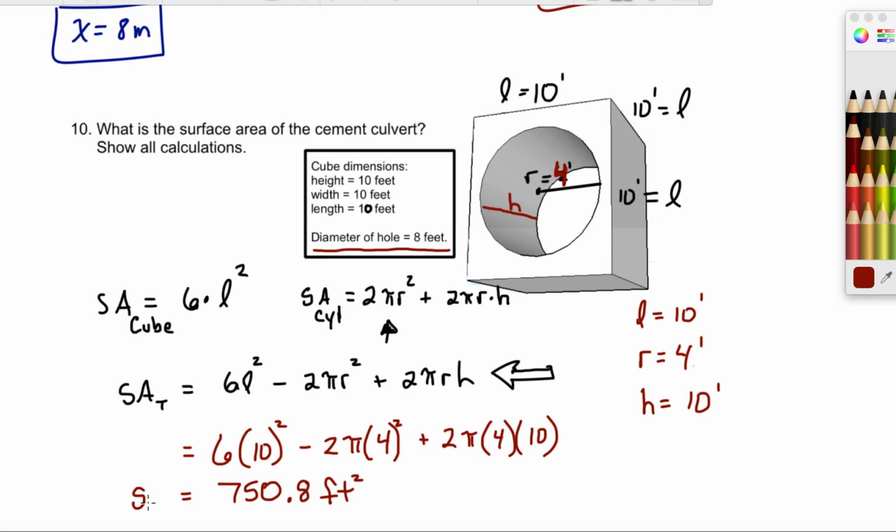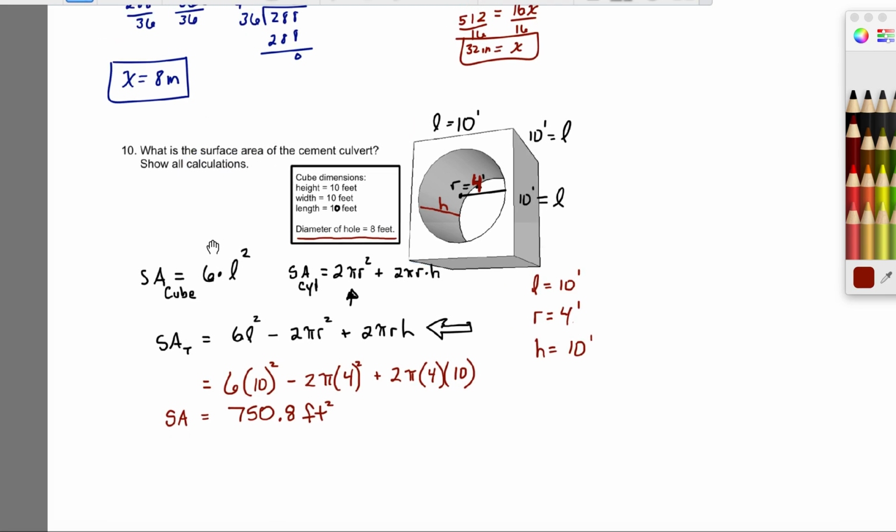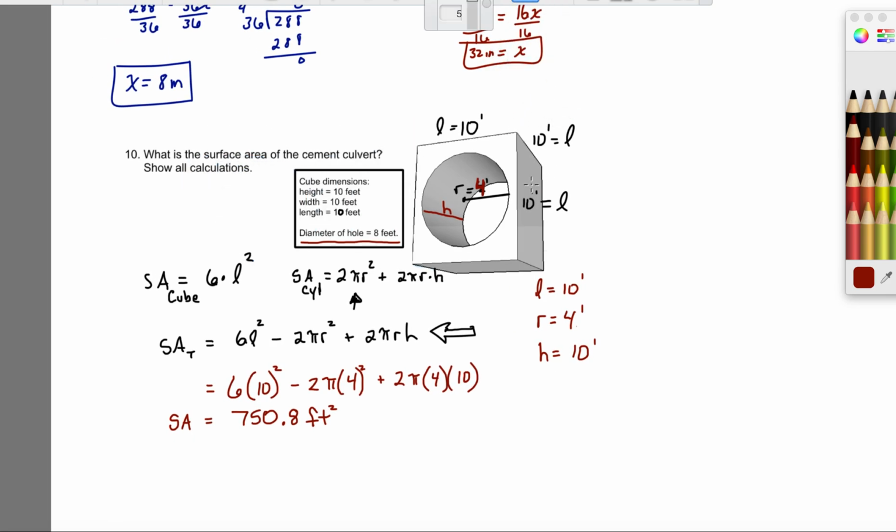This is the surface area of this culvert. Looks like a complicated problem at first, but I think if you break it down into the parts, put it together, substitute, it's not so bad.